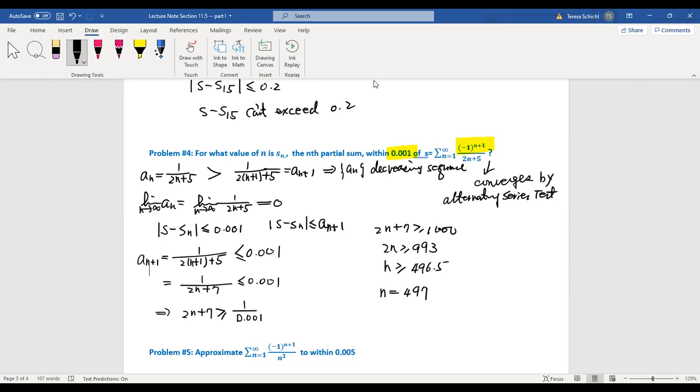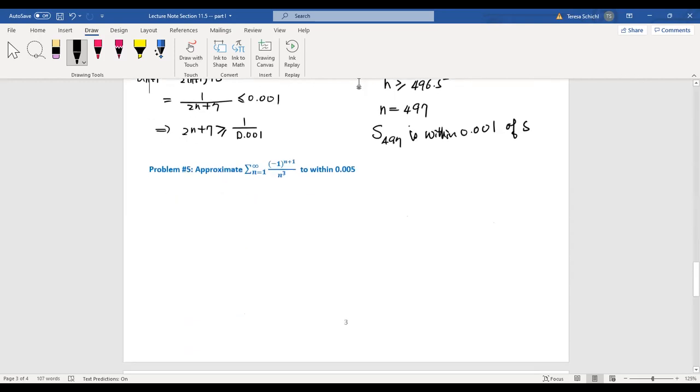That means if we want to estimate the partial sum of this within 0.001, we need to use the partial sum for how many terms? 497. So we know that S_497 is within 0.001 of the true sum when you add all of them together. All right, so that's number 5.